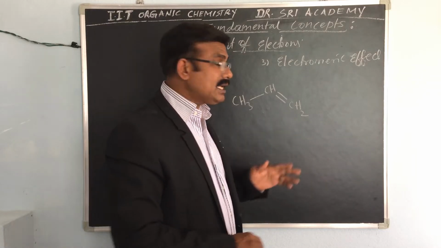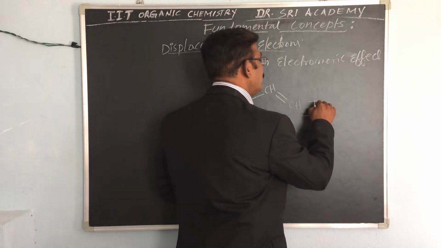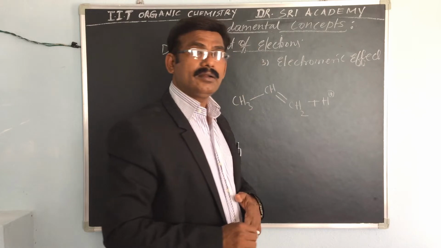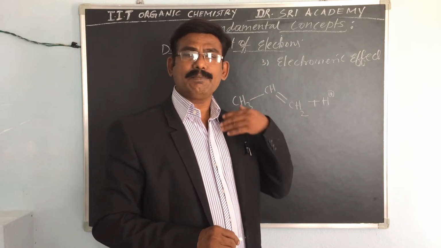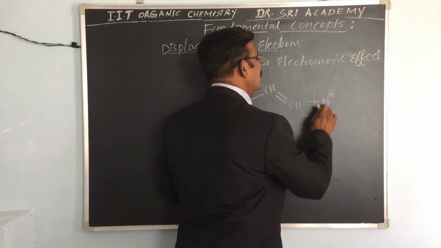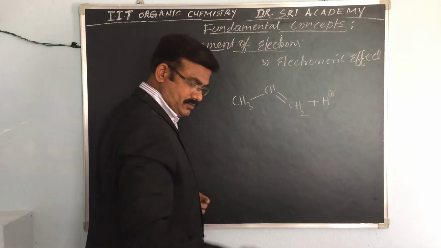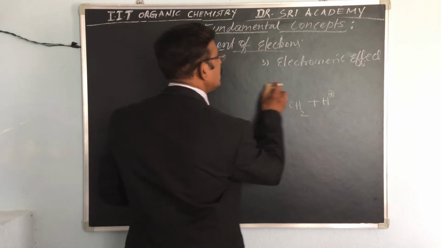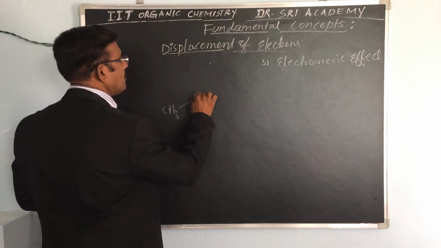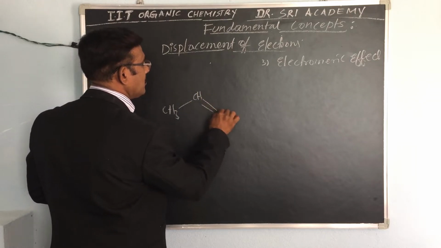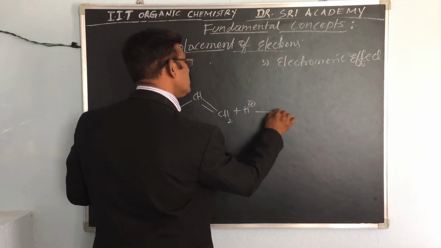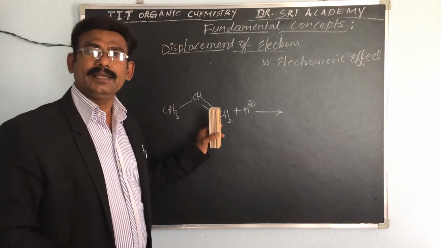So when the alkene is in the presence of the reagent, that is H plus, either HCl or sulfuric acid or any acid, protonation takes place. So what happened here?